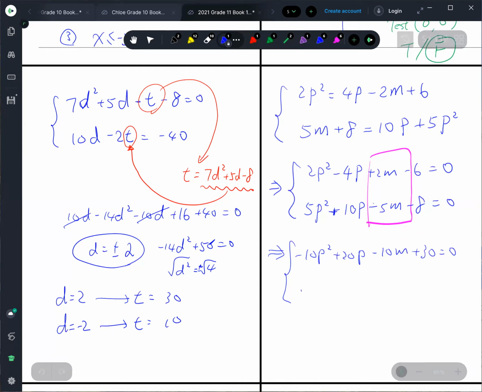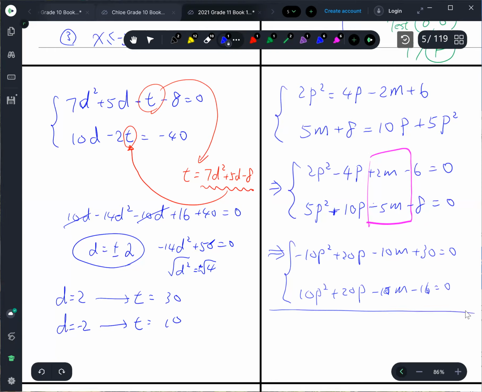The other one is 10p squared plus 20p minus 10m minus 16 equals 0. And then the 10m cancels out. So these ones are out. What's left?